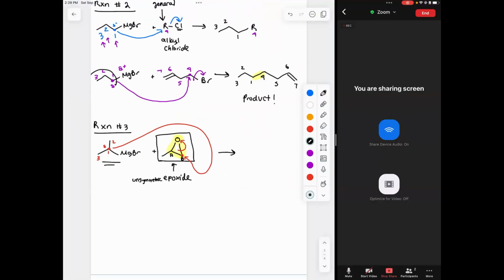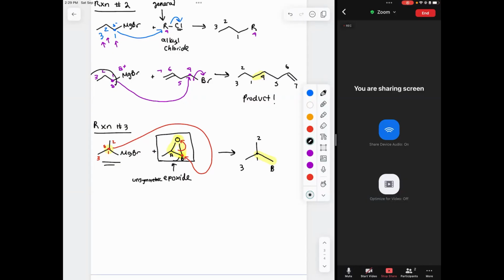Now, what I recommend is obviously drawing this part first, right? So I have my 1. My 1's attached to 2, and then that's attached to 3. So 1, right, bonded to B, right? Because what's happening? 1 is attacking B. So then this is the new bond right here. 1B, right?